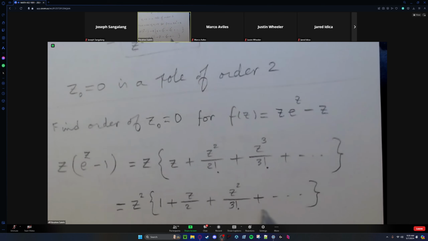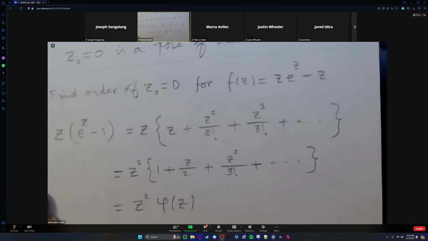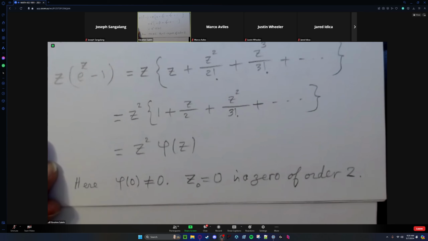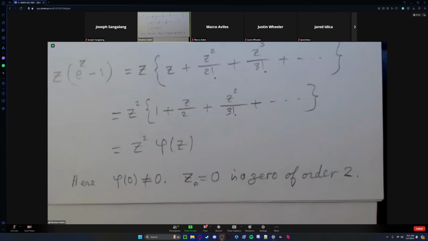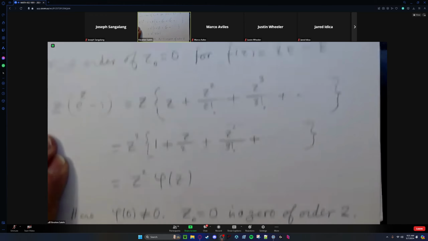So this part is analytic and is not 0 when you replace z by 0. So we can write it as z squared times that. So z equals 0 is a zero of order 2. Okay? Any comment? Any question? No question? Good.